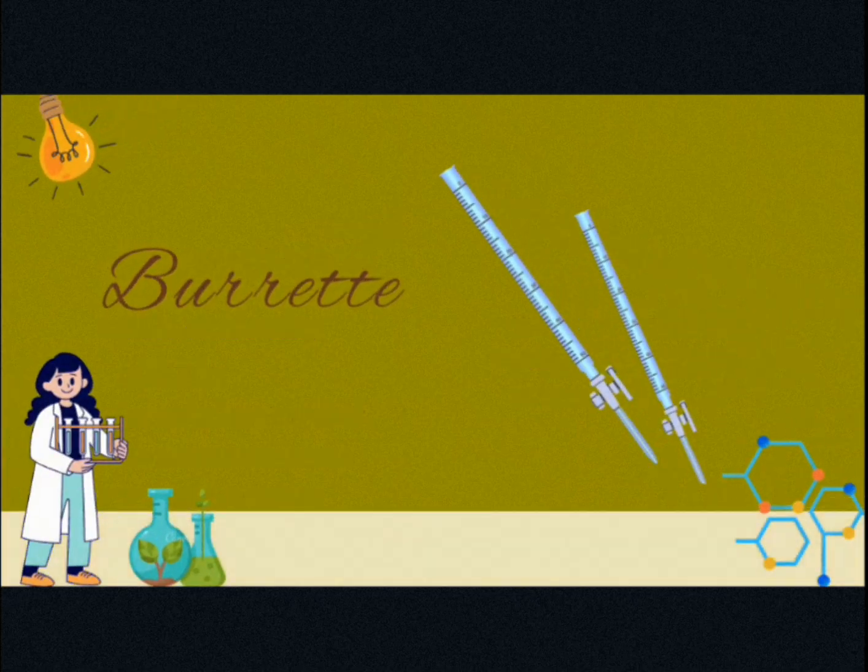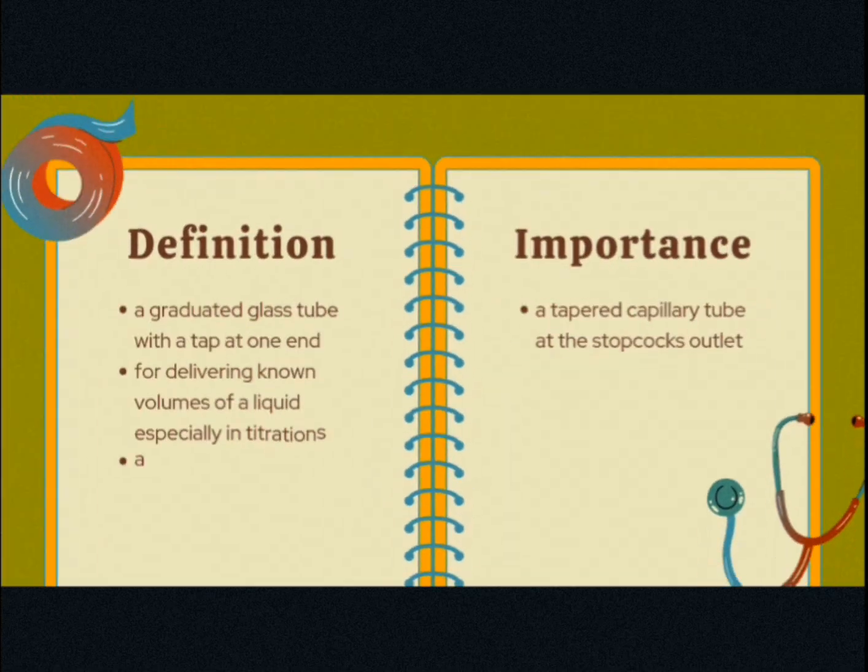The next one is the burette. It is a graduated glass tube with a tap at one end for delivering known volumes of a liquid, especially in titrations. A long graduated glass tube with a stopcock at its lower end, and a tapered capillary tube at the stopcock's outlet.